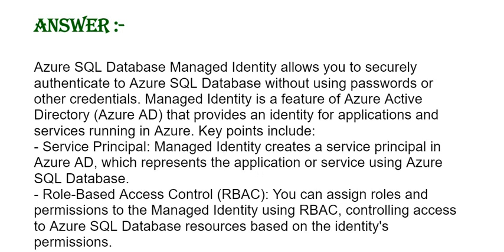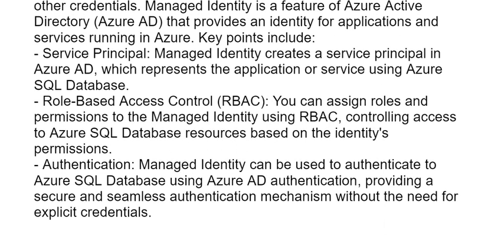You can assign roles and permissions to the managed identity using RBAC, controlling access to Azure SQL database resources based on the identity's permission. Authentication. Managed identity can be used to authenticate to Azure SQL database using Azure AD authentication, providing a secure and seamless authentication mechanism without the need for explicit credentials.